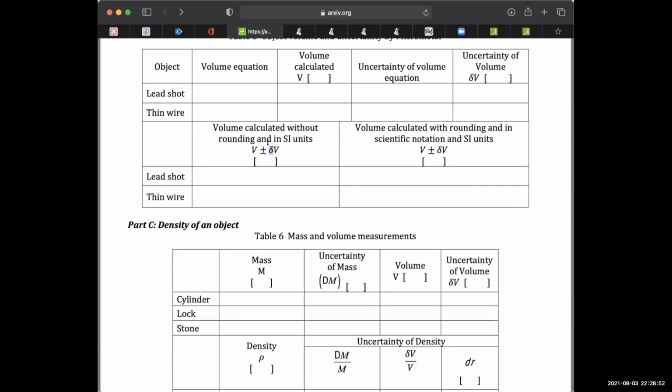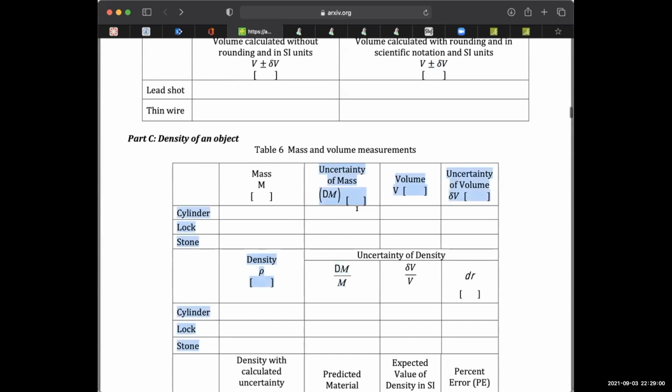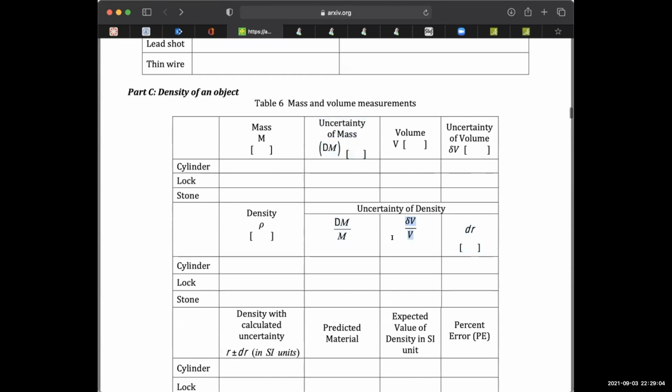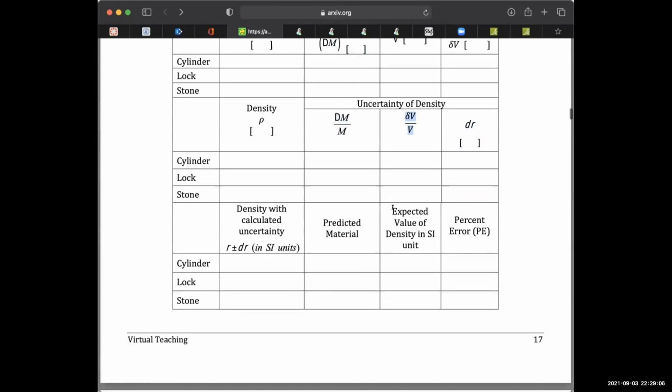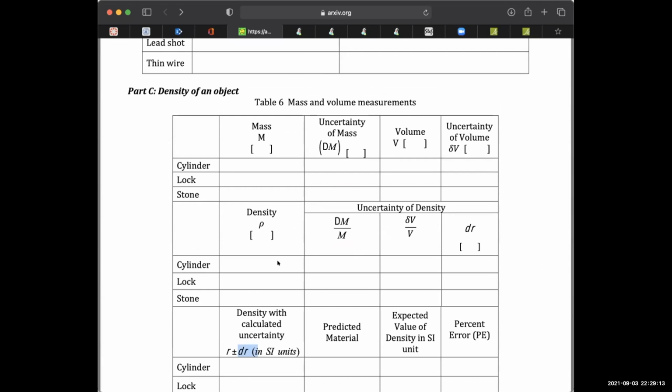This little squiggle is lowercase delta. Don't worry about the uncertainties because we don't have time to go into it. So just don't include this, or this, or this, or this, or this. And don't have to worry about this right here. Or this. And that should be it. Any questions before you guys get started on your lab? Should be pretty quick.